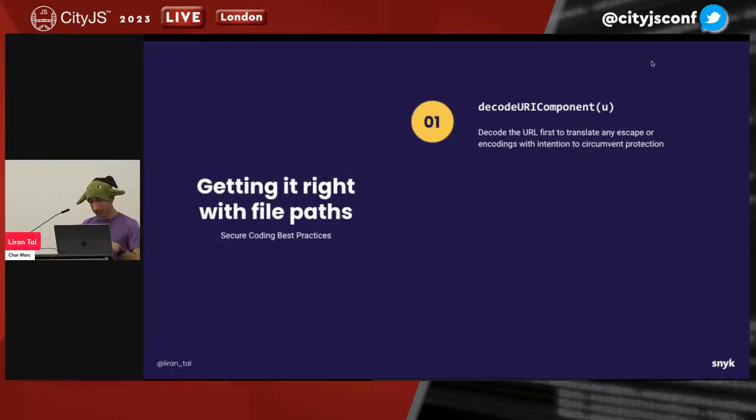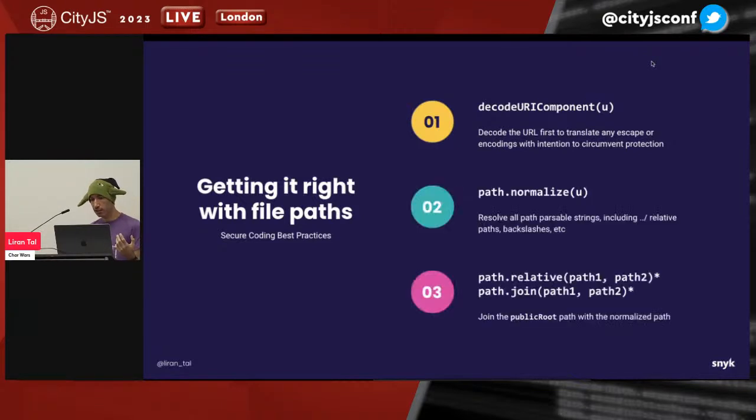And so getting it right is that nuance that even this top, very popular dependency for handling static files got wrong: those very subtle differences between how those APIs work and what they actually do. So getting it right and having it in a specific order would save you from having a path reversal attack.